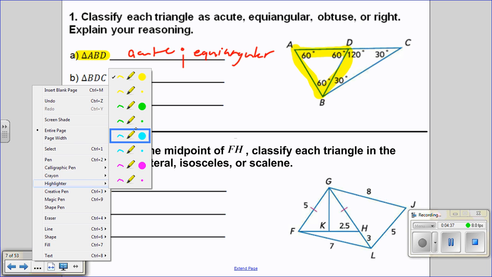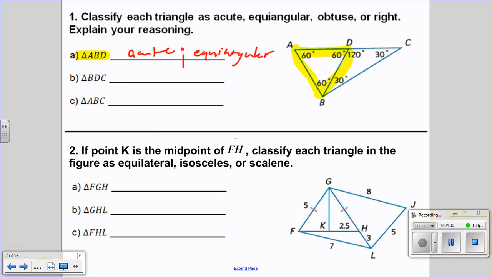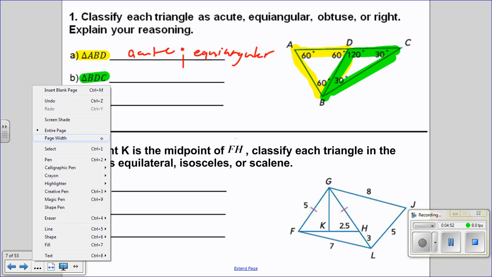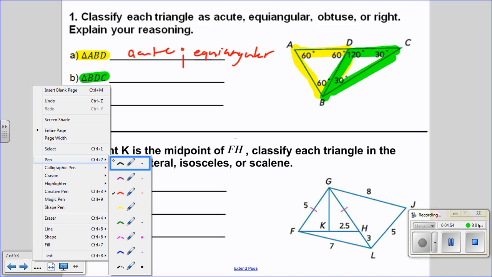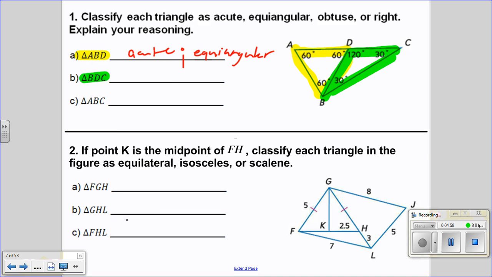Our next triangle of focus will be triangle BDC, so it's over here on the right. If I look at triangle BDC, I notice in D's corner there is an obtuse angle. And since there's an obtuse angle, the entire triangle is considered obtuse.